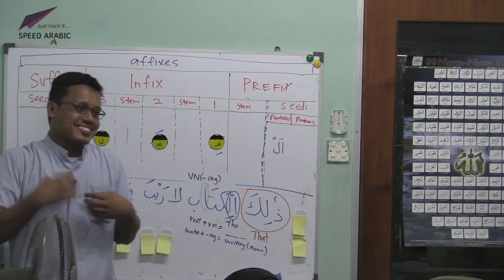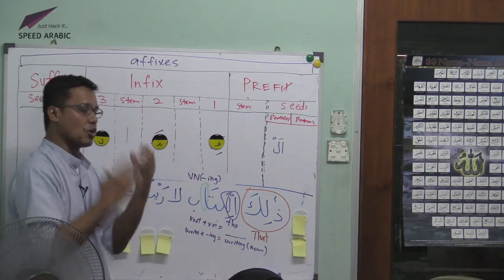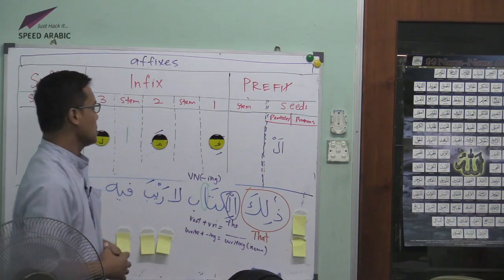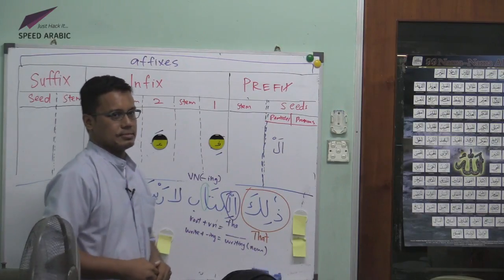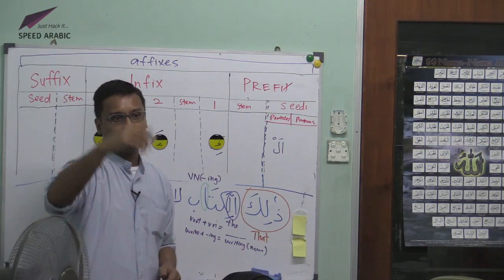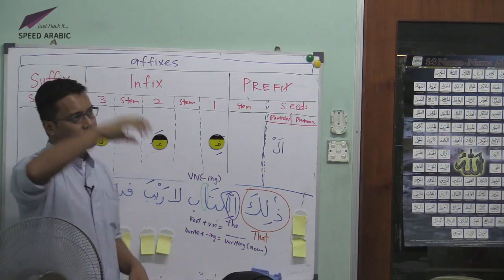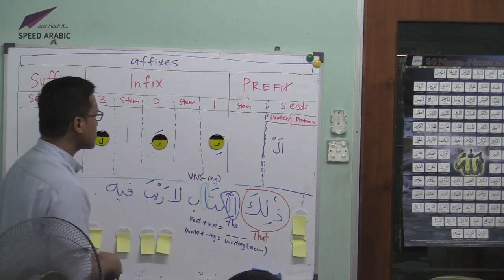The truth is whatever you can derive from your translation skills. So dhalikal kitab means that writing. It doesn't mean that what you get from others is wrong. It just means that what you get from others may not be right.